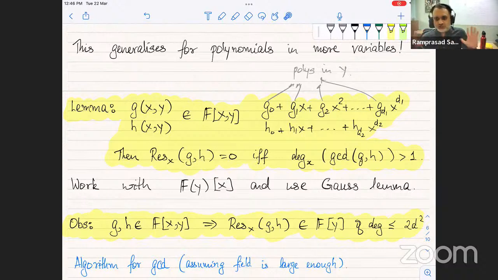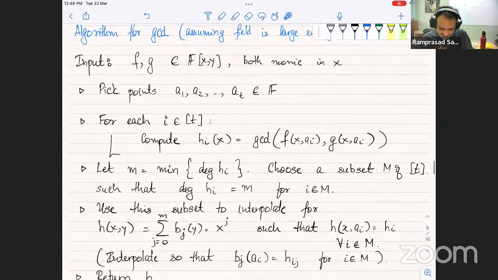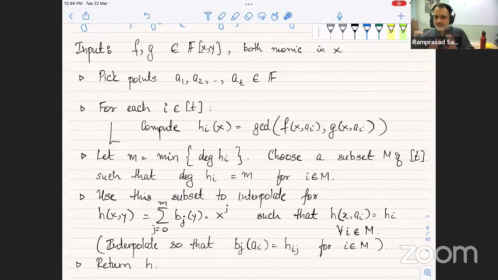We're just going to tell ourselves, look, I only know how to do univariate GCD. I don't mind doing as many univariate GCDs as required. I want to somehow do enough in order to be able to recover the bivariate GCD. And the resultant is going to play a key role in figuring out how many such univariate GCDs we need to do. So let me just tell you the full algorithm and we will see why this works.